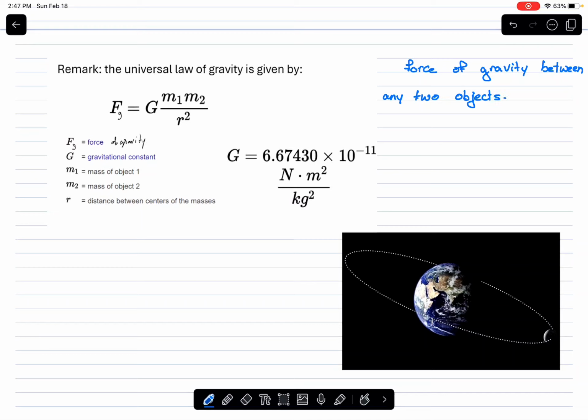In that case, we are studying any two objects of any mass, and we want to see the gravity between them. Why do we have gravity between them?